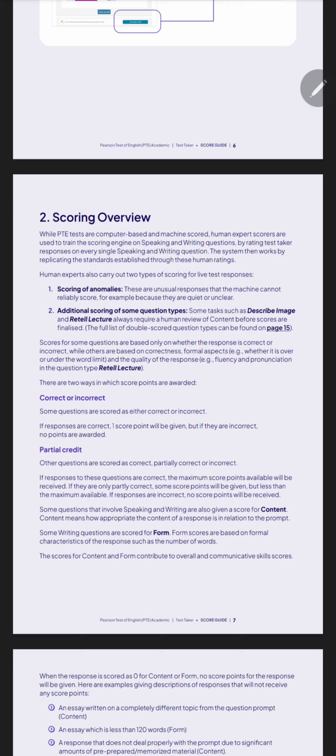There are two ways in which score points are awarded: incorrect or correct. Some questions are scored as either correct or incorrect.